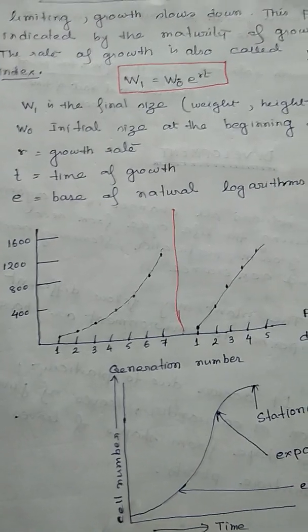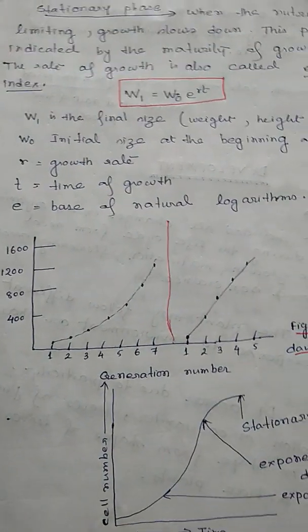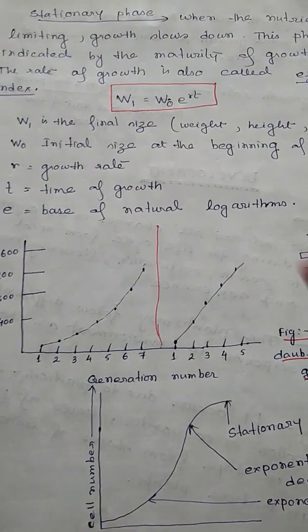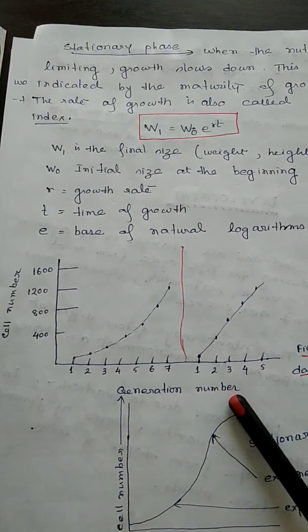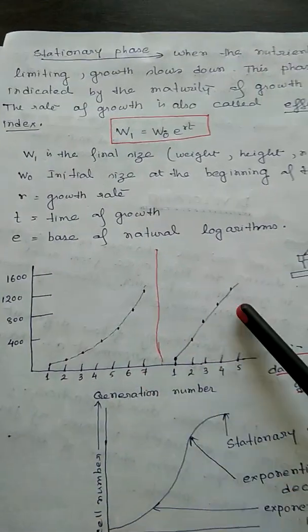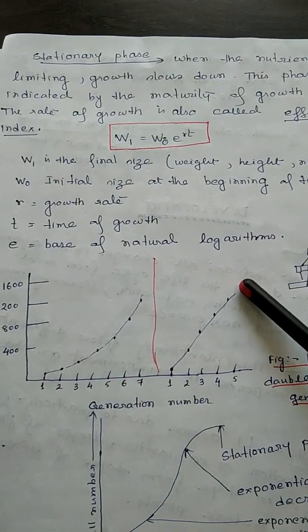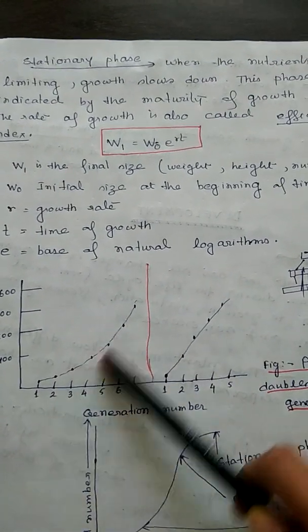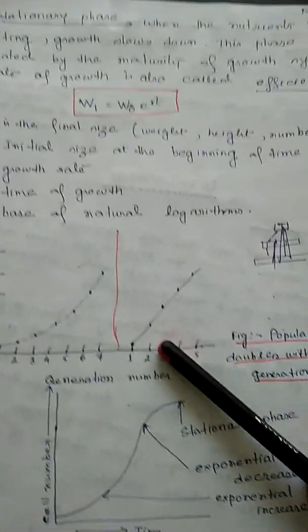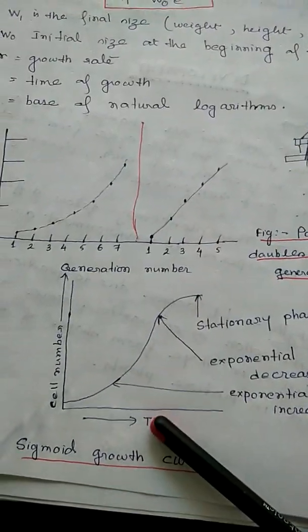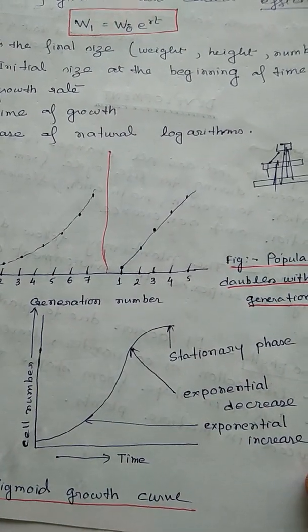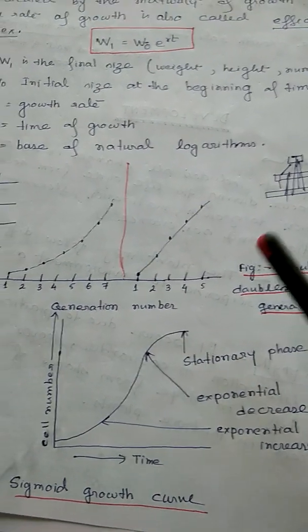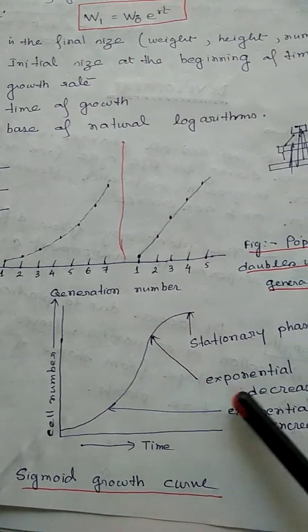Now just see the graph. With the help of the graph we can explain this. In arithmetic growth, as time increases the cell number increases, giving a more or less straight line. But in geometrical growth, the curve is sigmoid type, with a lag phase, exponential increase and stationary phase.